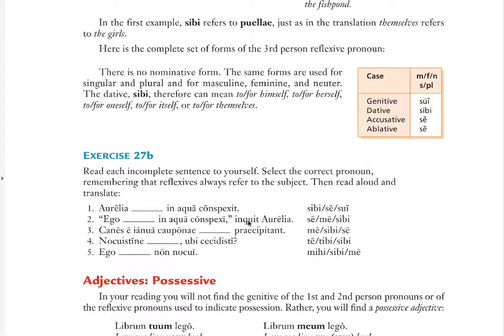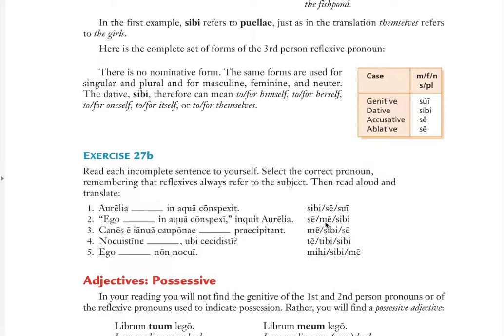And now Aurelia was a she, but now when she speaks about herself, she becomes an I. So, I, said Aurelia, saw myself in the water. Conspexit has become conspexi. It was conspexit, that was third person singular. Now conspexi is first person singular because now she's saying I. So ego, which one?